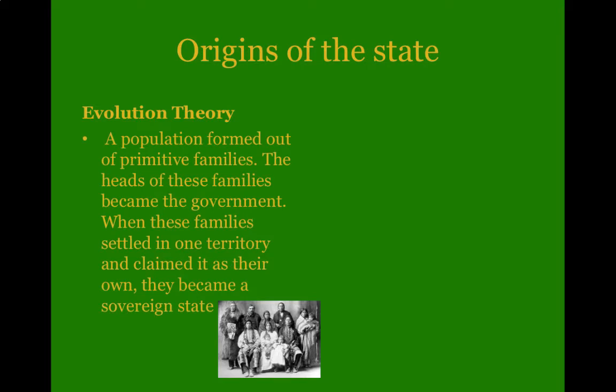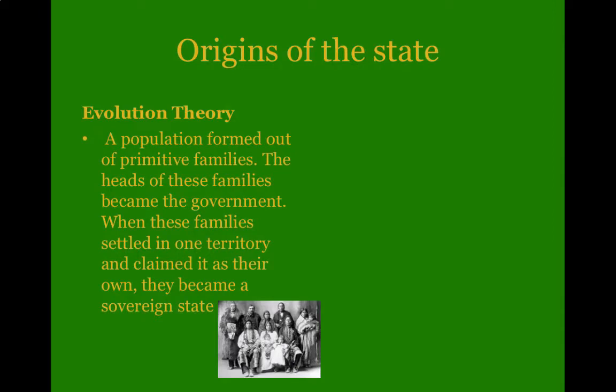And in the evolutionary theory, I've got a picture down here of an Indian tribe. There are some states that came to be because you have a small family who attaches itself to a piece of ground. Then more families start to attach themselves to the same ground, you have populations that form, and someone of one of these families becomes the head.